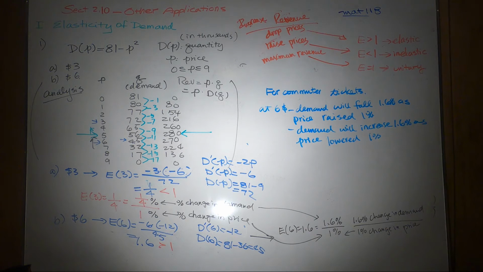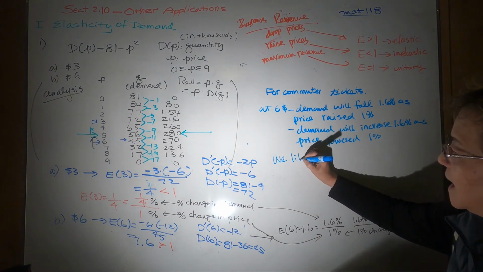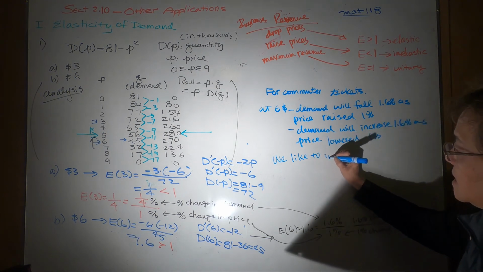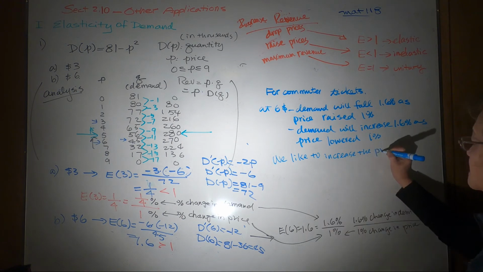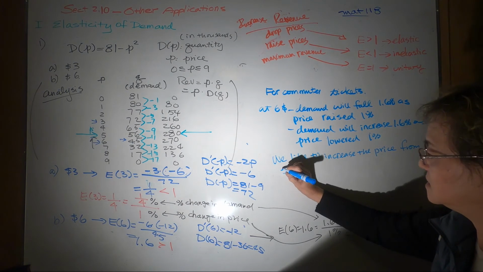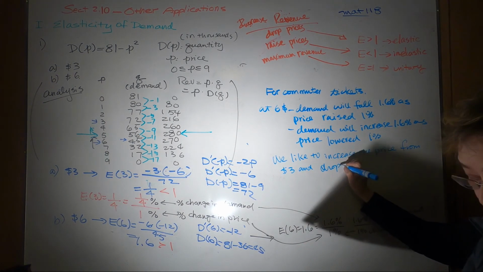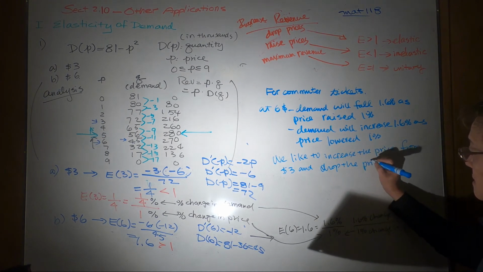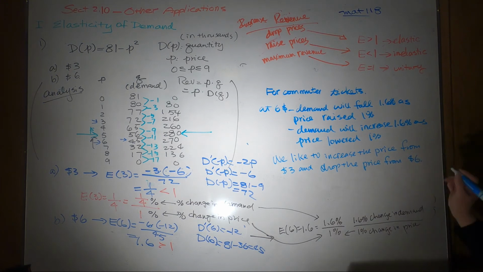So, likewise for the $3. So what happened is we like to increase the price from $3 and drop the price from $6.